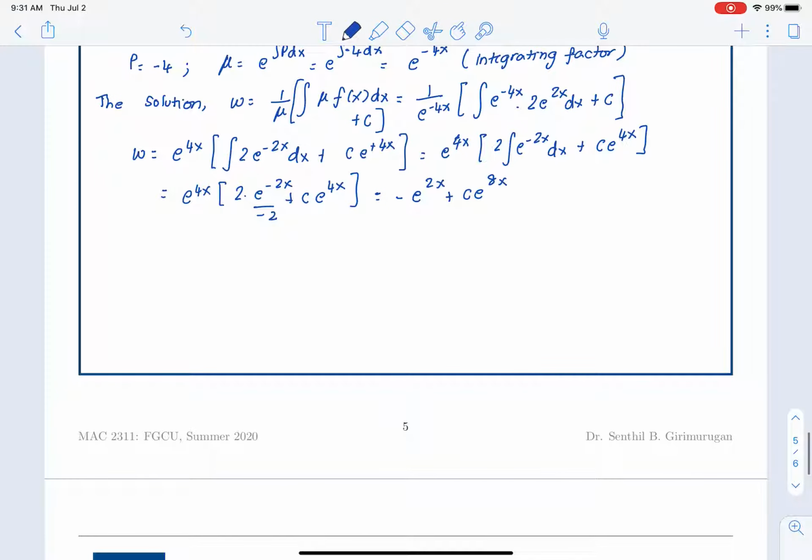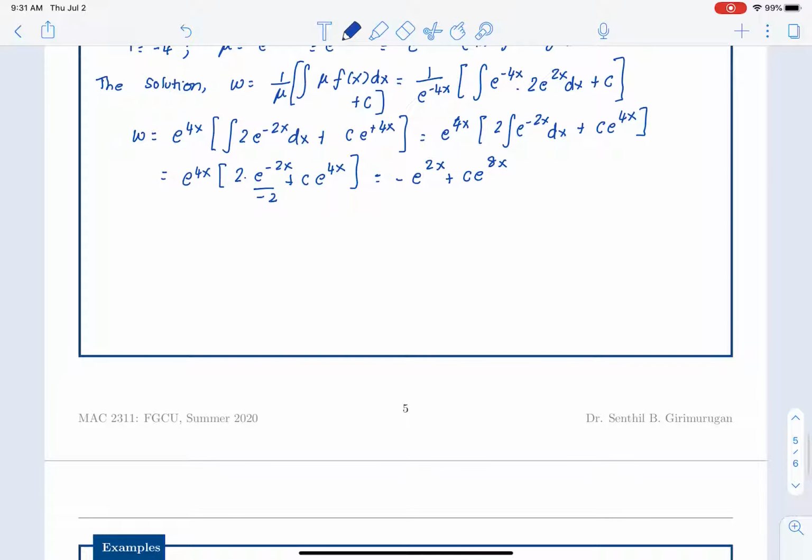Okay. And that is the solution to w, but we've got to find the solution to w prime. So w prime would be negative e raised 2x times 2 plus c 8 e raised 8x.